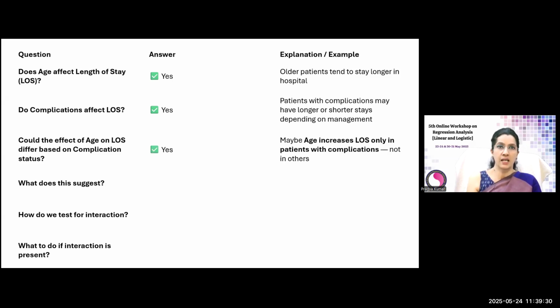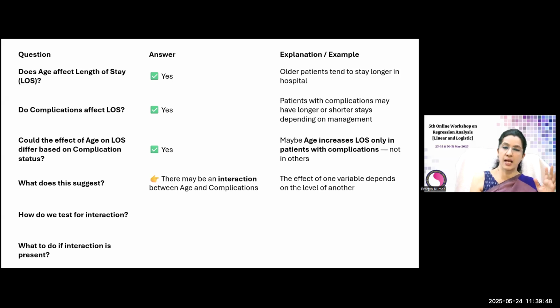Then I ask: is the effect of age on length of stay different based on complication status? Yes, because age increases the length of stay only if there is a complication. So there is an interaction between age and complications, because the effect of one variable depends on the level of another variable. This is the interaction.